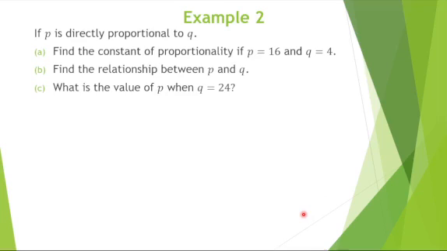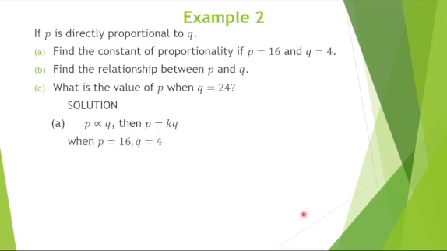We are going to look at this. Of course, our first solution is A, to find the constant of proportionality. So let's express our variation statement, which is P varies as Q. Then P is equal to kQ.